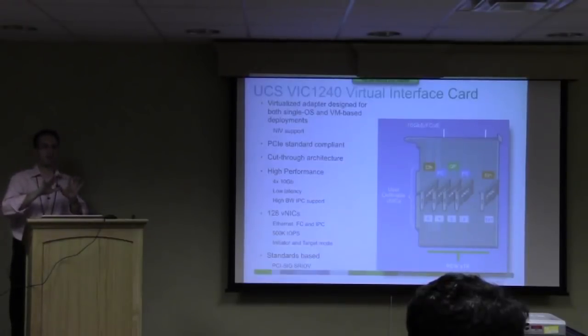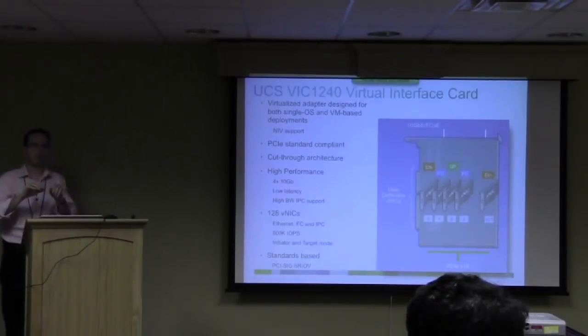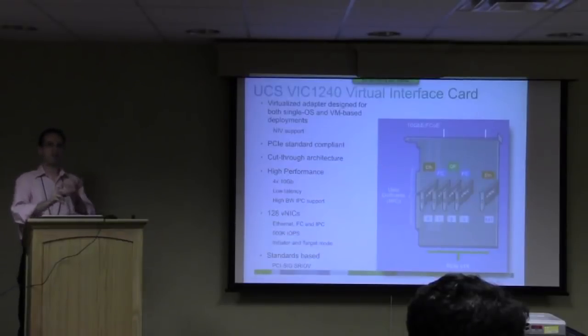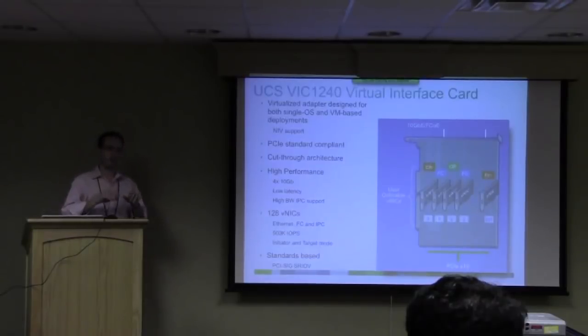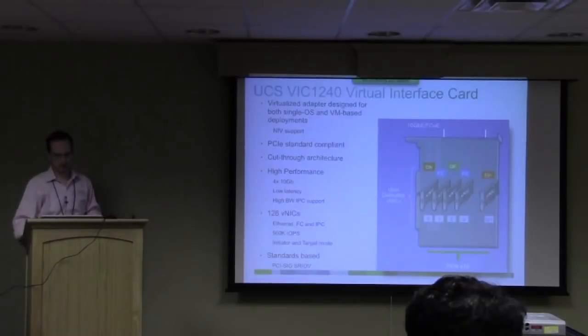So if you think about this from your regular Unix machine, what you're seeing is ETH0, ETH1, ETH through to 127. Okay, and each one of those is then a case of, well, how much bandwidth do you want to be able to give to it? And using the UCS Manager, you can then assign, you can hard code a certain amount of bandwidth, or you just say, okay, just share depending on the number of VLANs that you've actually got available.